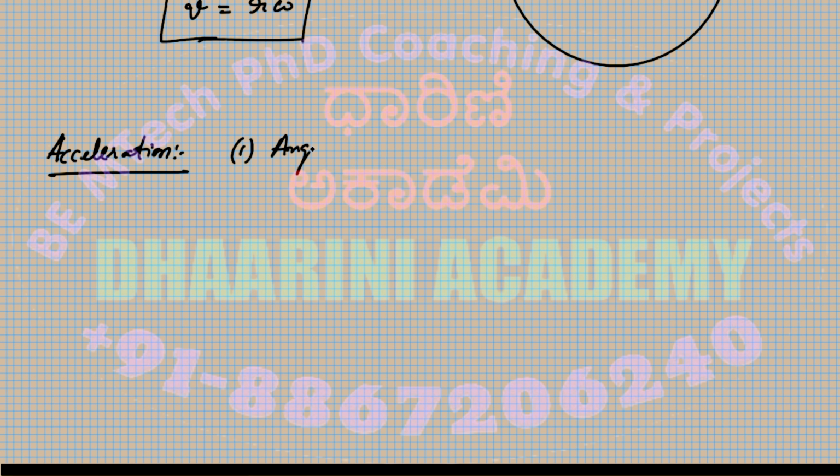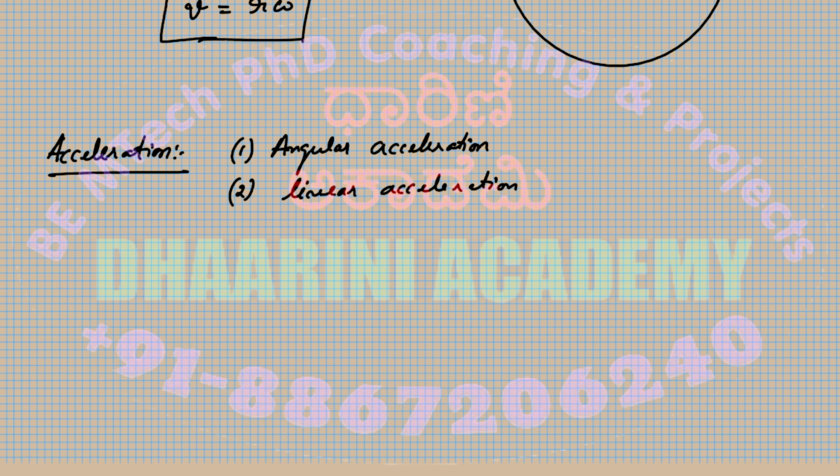One is the angular acceleration, and the second one is linear. Now, as per the fundamental definition, acceleration can be obtained by taking the derivative of the velocity.